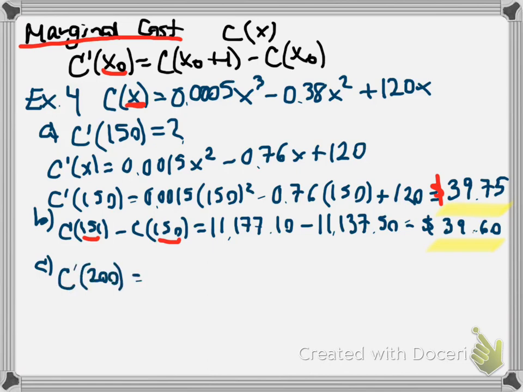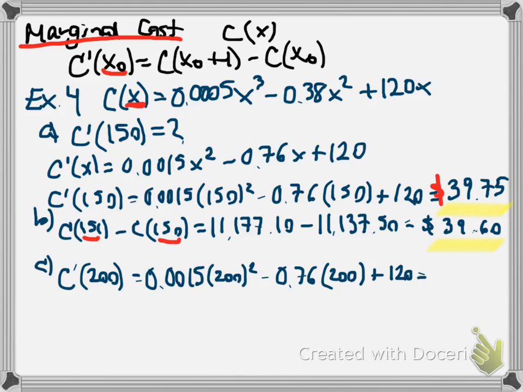And let's see, plug it into the equation: 0.0015 times 200 squared minus 0.76 times 200 plus 120, which equals $28, which is less expensive than those 39. So it's more expensive to add a passenger when x equals 150. Okay, we're going to stop here and do a part 3.